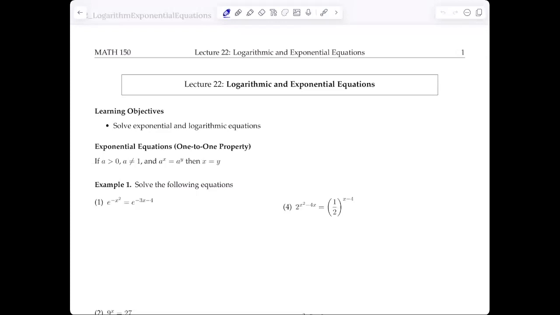You have a to the x equal to a to the y, and then you take log of base a of a to the x equal to log of base a of a to the y.